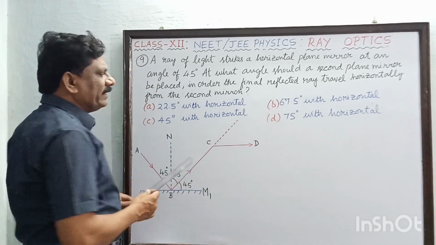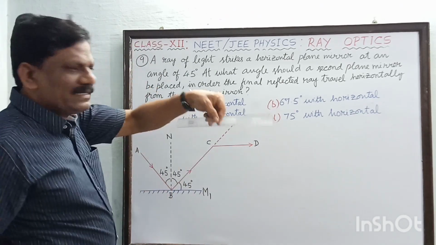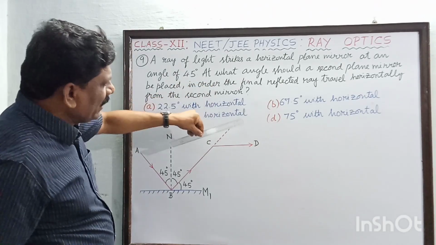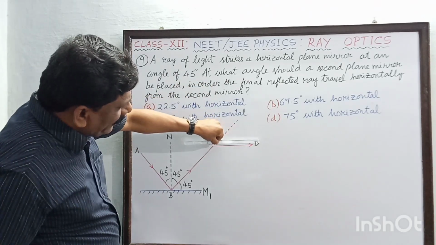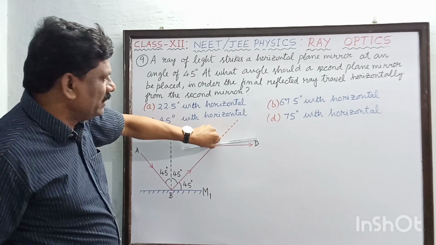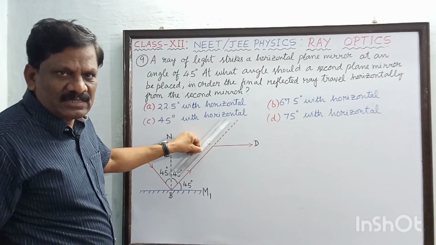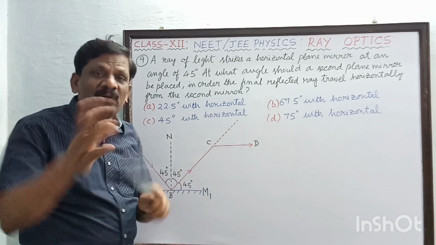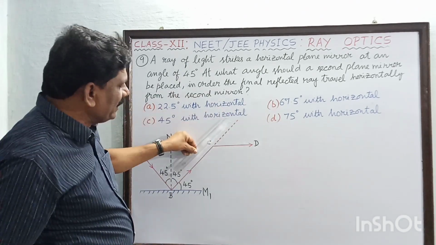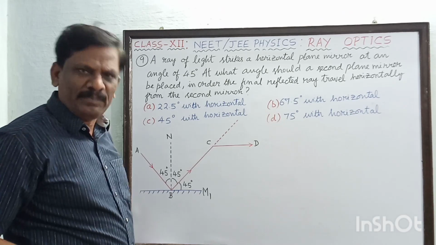So in which position should the mirror be placed? If it is a plane mirror, I cannot place it in this position, and similarly I cannot place it in this position also. But definitely in between these two positions, somewhere I should place the plane mirror.